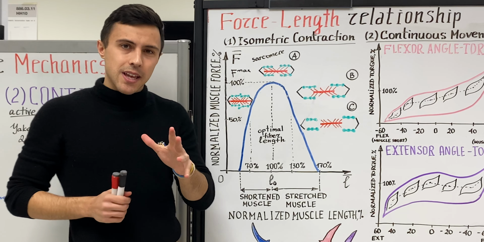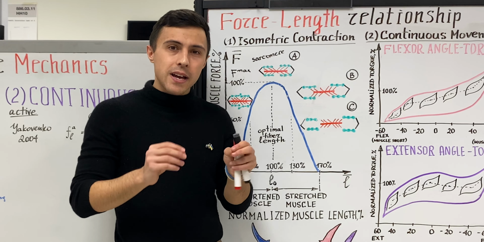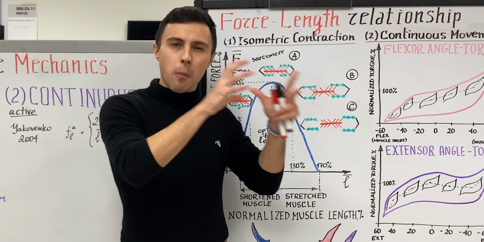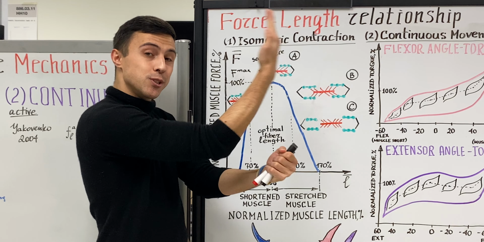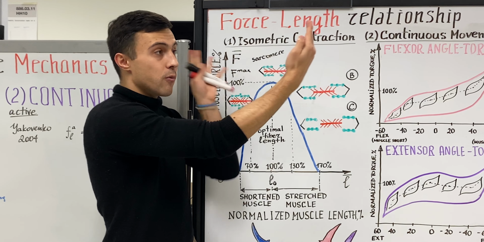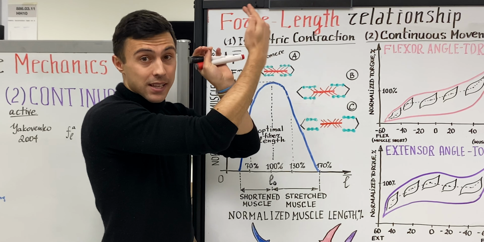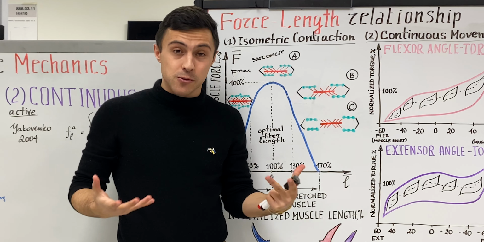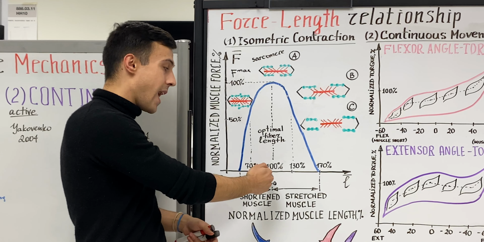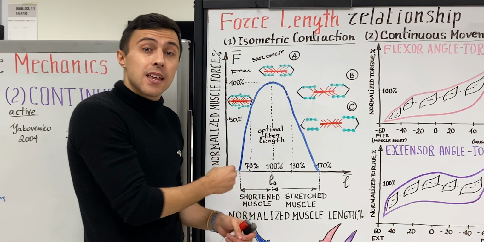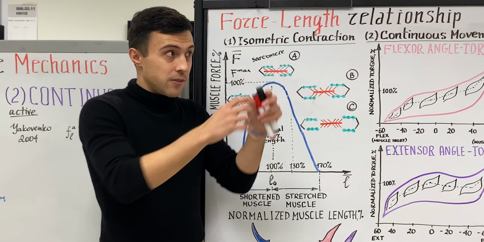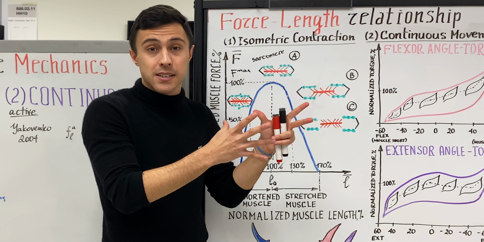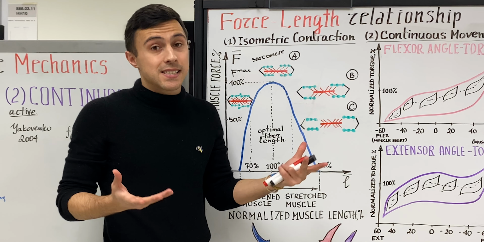You remember that calcium is needed to bind to troponin, so that troponin starts pulling onto tropomyosin, exposing those actin binding sites for myosin heads to bind to them and start stroking to produce force, right? So at below 80%, we see that not enough calcium is really released. That's why, obviously, if you're not exposing those actin binding sites, not all of the myosin heads can bind to them.